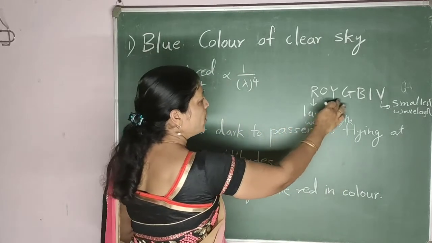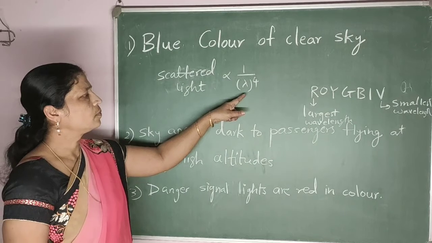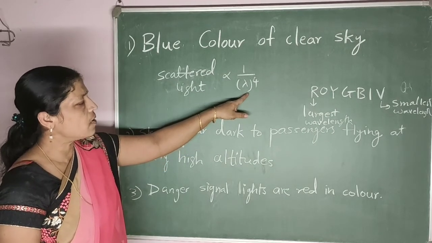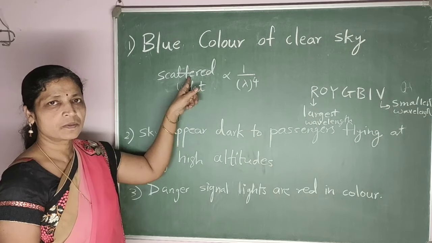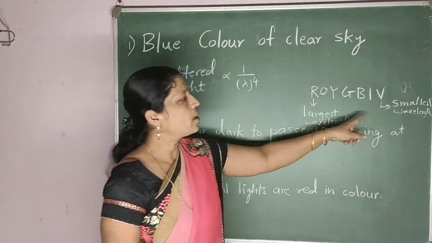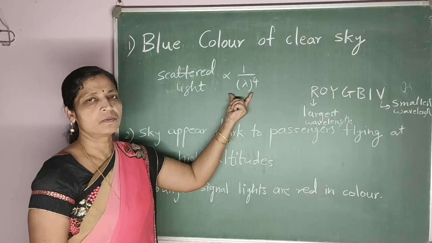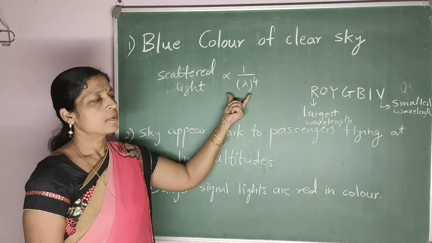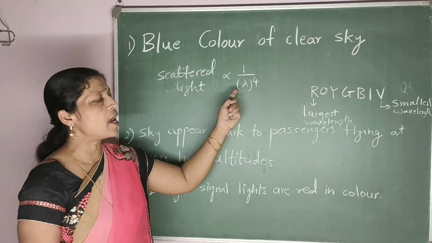The wavelength goes on decreasing from red to violet. As you see here, red has the highest wavelength, so scattering of red light will be very less. The violet color has less wavelength, so its scattering is more than the blue. Blue also gets scattered more than red.